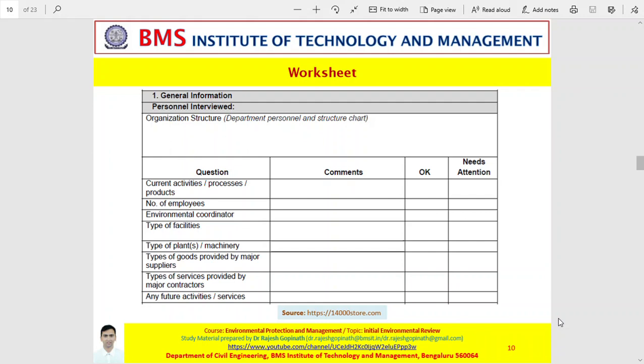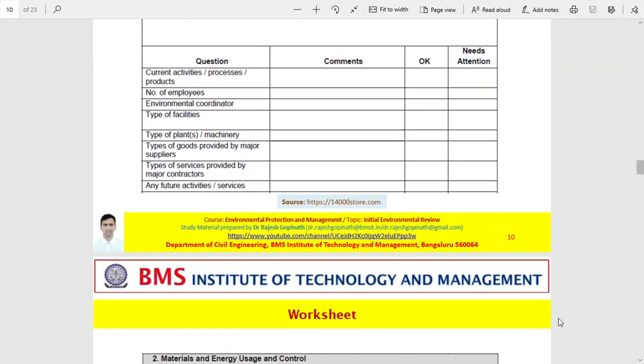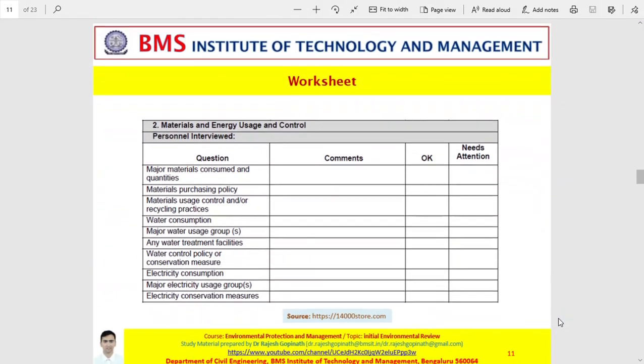Subsequently, this checklist provides vital inputs with respect to the gray areas that need to be worked on, and the green areas which are working perfectly. With this information, now let us move on to the next part of the worksheet, that is part 2. Let us move on to slide 11.